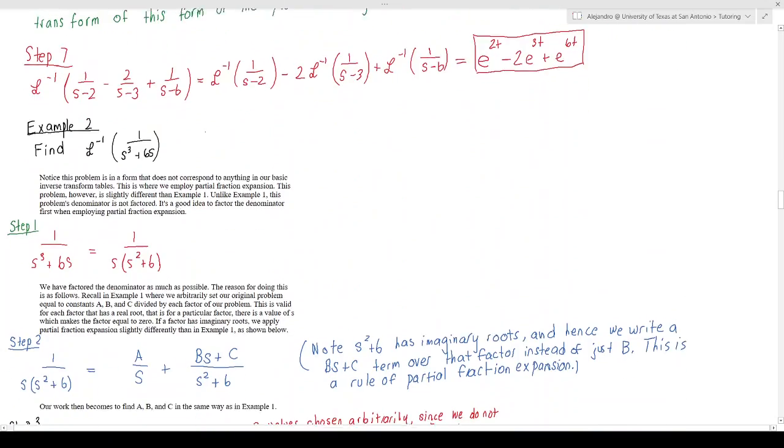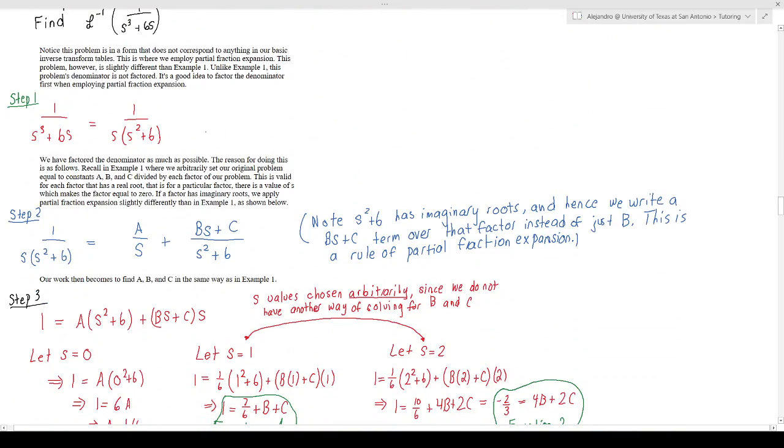If we try to do the same thing in this problem, s equal to 0 is a root of s, but there are no real roots of s squared plus 6 equals 0, because if we try to solve that, we get s squared equals negative 6, and we end up with imaginary values of s.